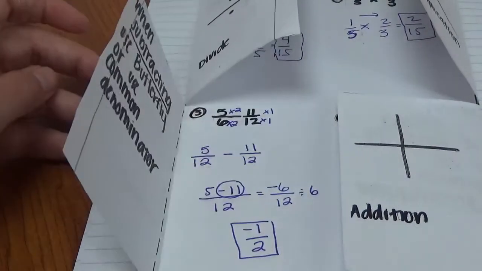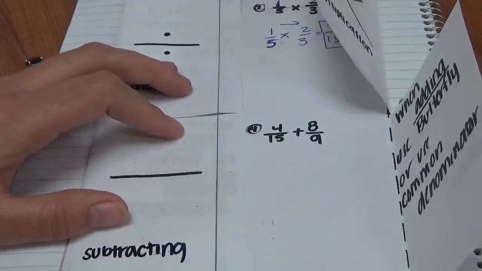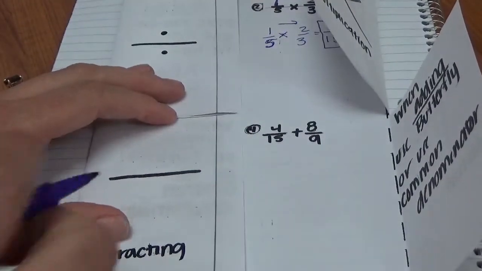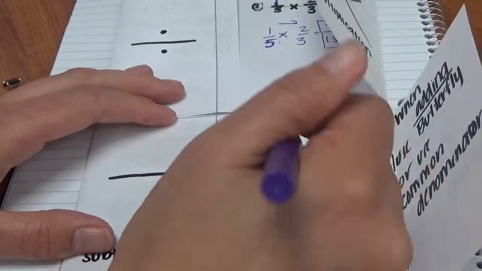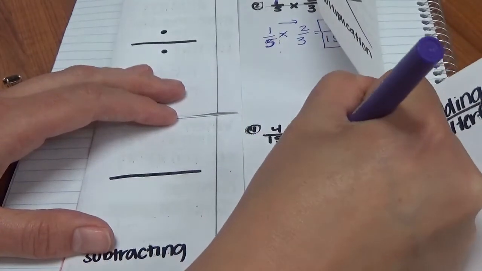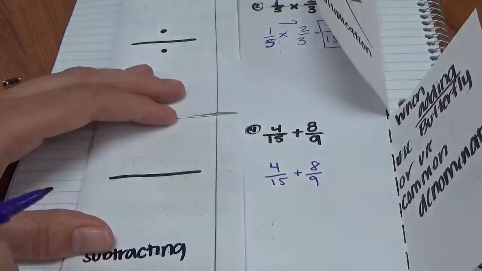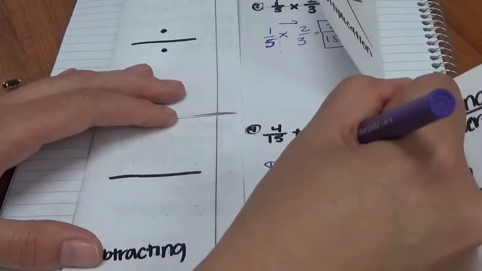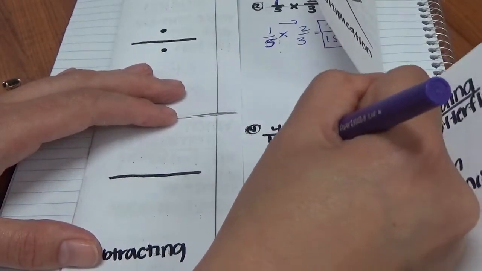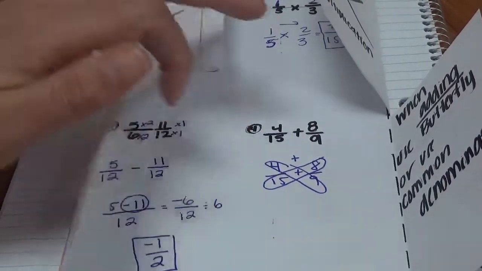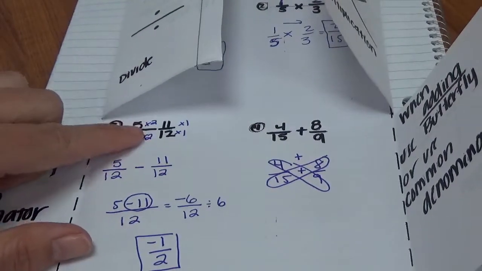All right, last one. For addition, same thing. We have common denominator or we can do butterfly. Whew, these are some big numbers. I'm going to show butterfly. For butterfly, you need to loop up your cross products. And the first step on butterfly is multiplying, just like the first step on common denominators was to multiply.